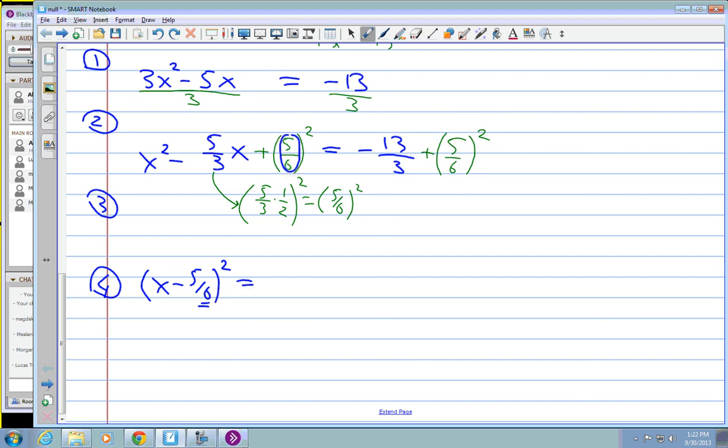While on the right, I have to go through the motions of finding the common denominator, adding the 2 fractions, and all that. So actually, I do have to square 5/6, so that's 25/36. Is that right?